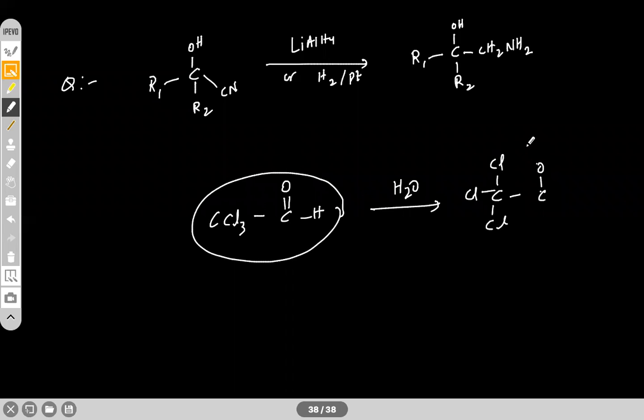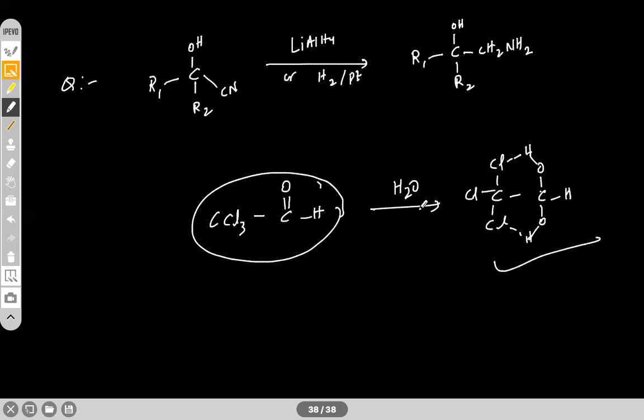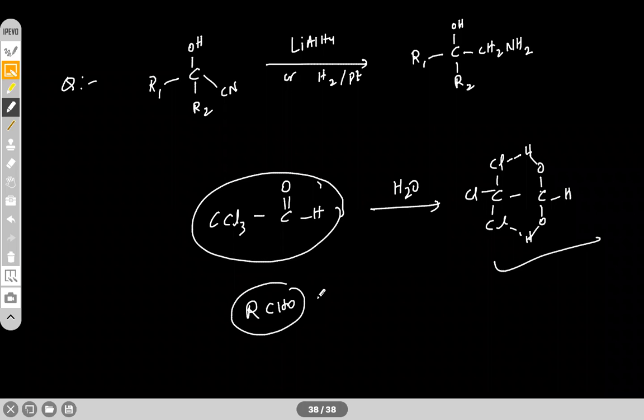So this hydrogen bonding is present. Hence, the reaction of aldehyde with water in the case of chloral is possible. If you take RCHO, then the reaction is not possible. It's a very difficult, very slow reaction.